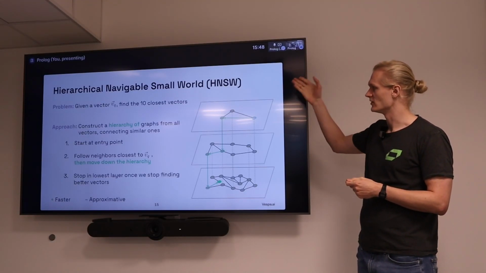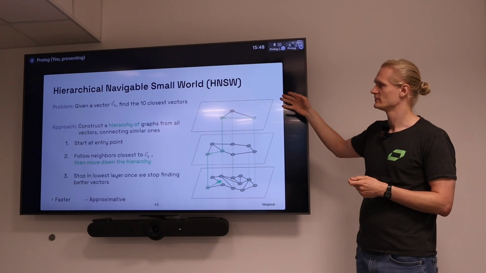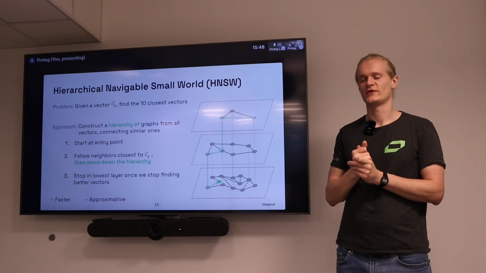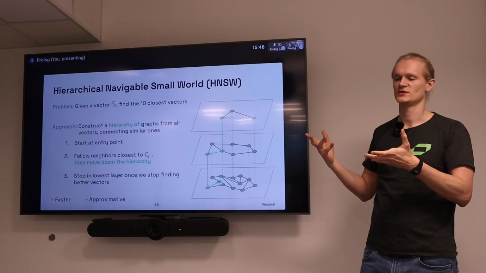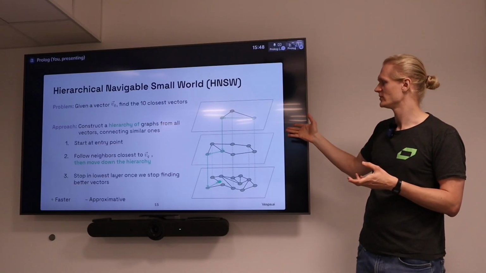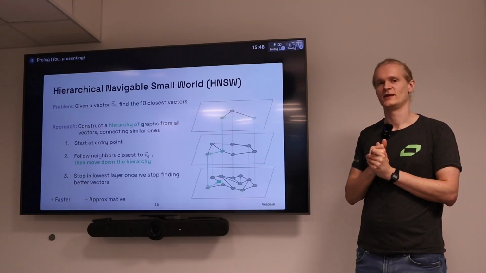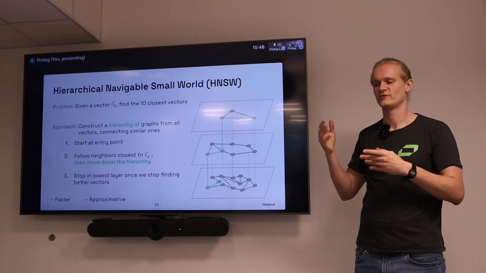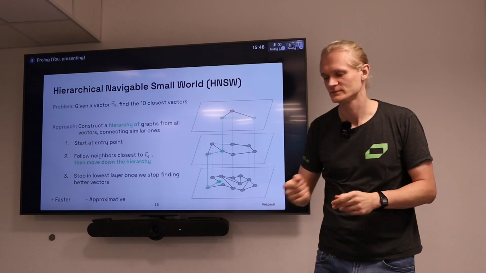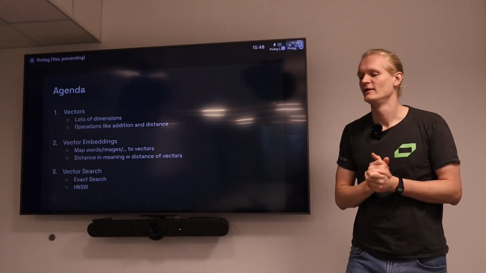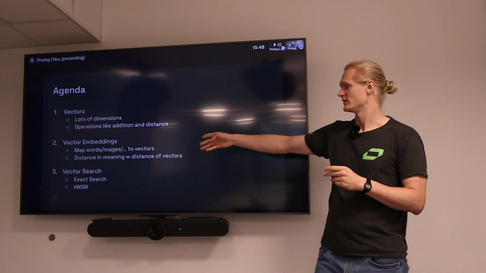Yes, so in Vespa, you can use HNSW to find vectors that are close to the search vector. In my case, I will find vectors that are close to the embeddings of my favorite podcast, and I will find podcasts that are similar to my favorite podcast. So this is actually what vector search is about.